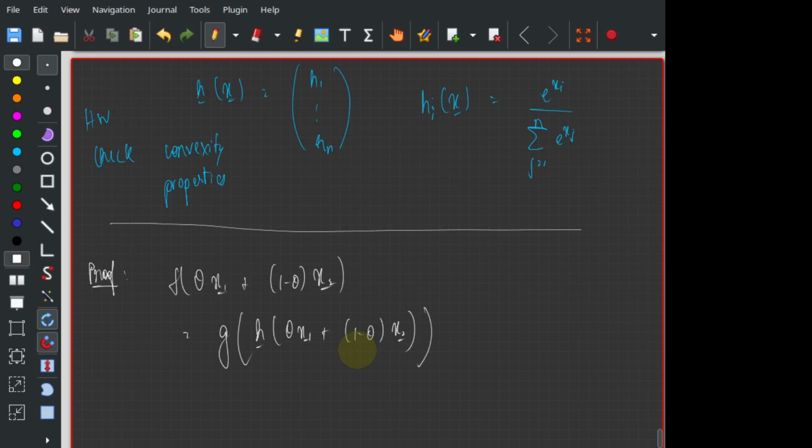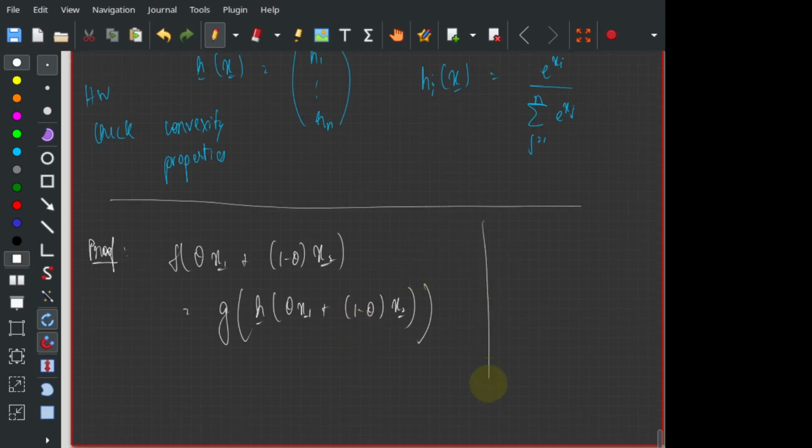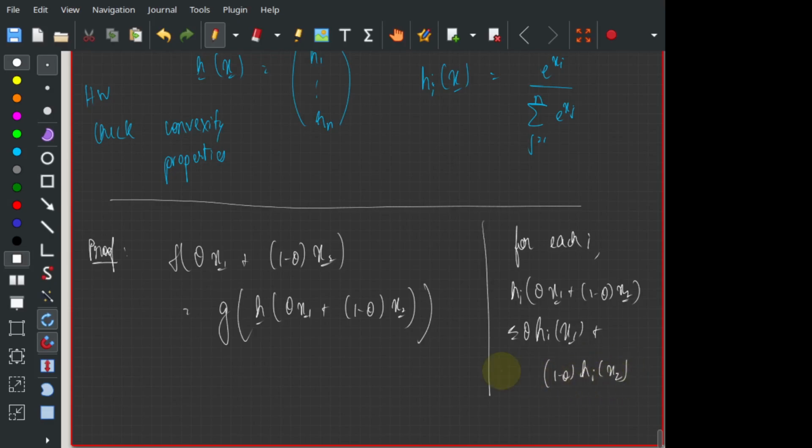We know that each hi is convex, right? So for each hi, hi of theta x1 plus 1 minus theta x2 is less than or equal to theta times hi of x1 plus 1 minus theta times hi of x2.